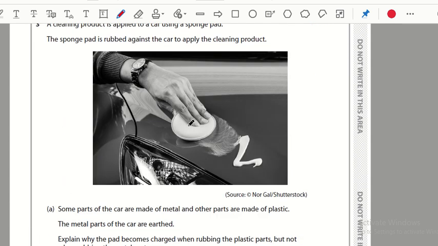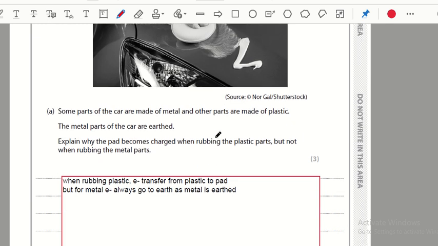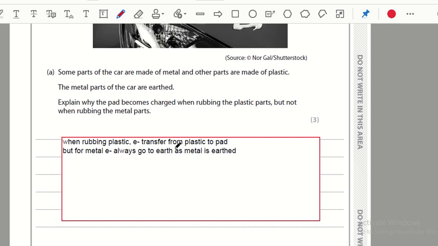Here is a sponge pad that is rubbed against a car for cleaning. Some of this car is metal and some is plastic. Metal parts are earthed. Explain why pad becomes charged when rubbing the plastic and not the metal.